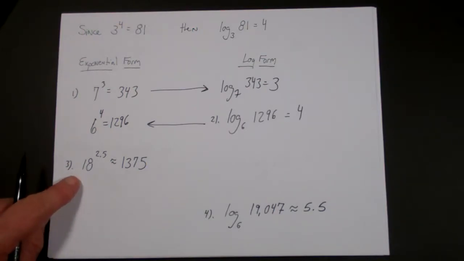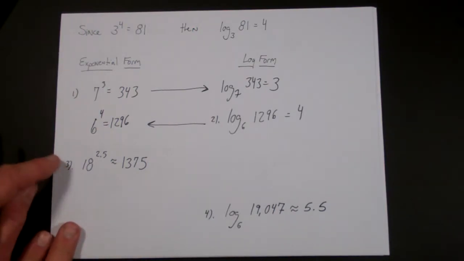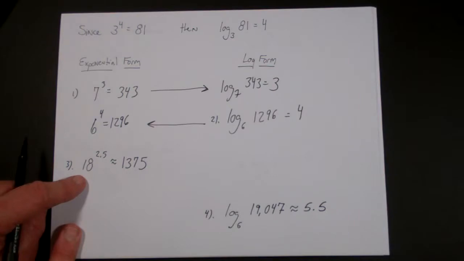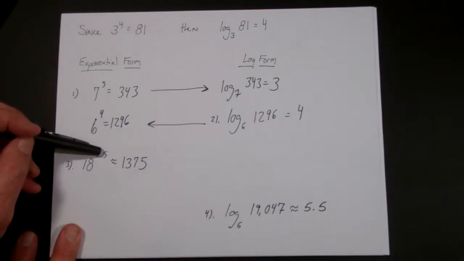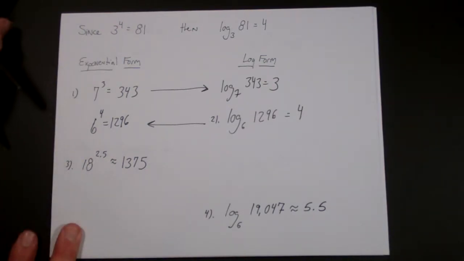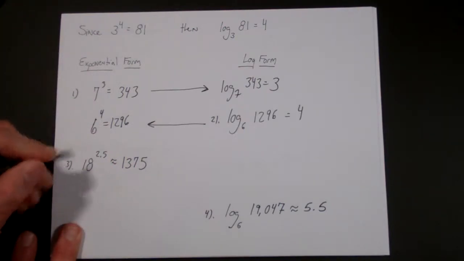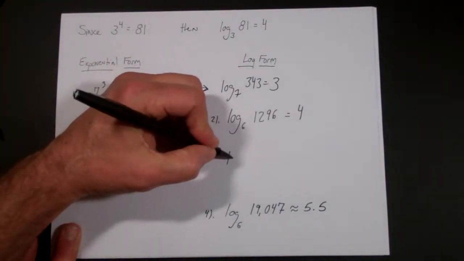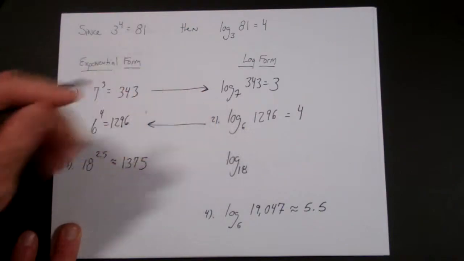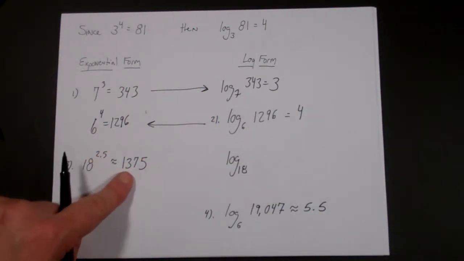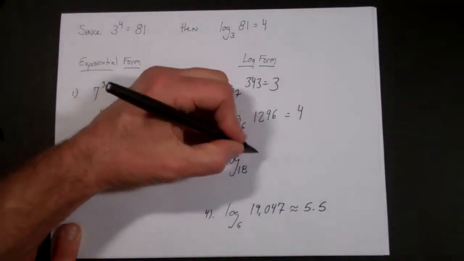The reason I showed this third example here is you can do this even in cases where you can't really do the exponents in your head. 18 to the 2.5, I have no idea what that is, but it doesn't matter, right? The base of the exponent becomes the base of the log. The result of the exponent becomes the argument of the log.